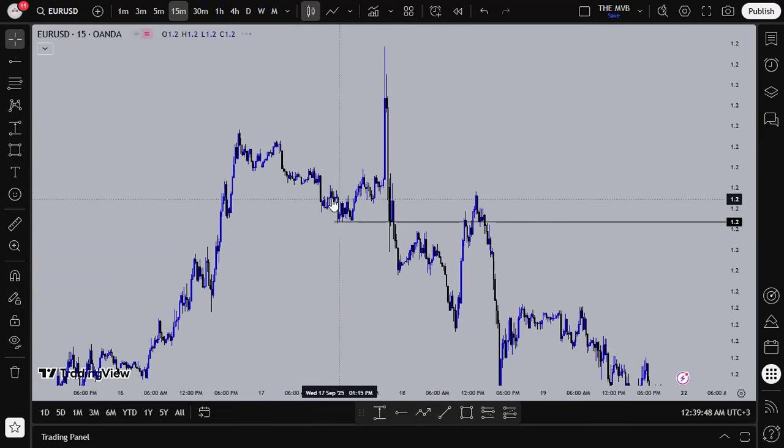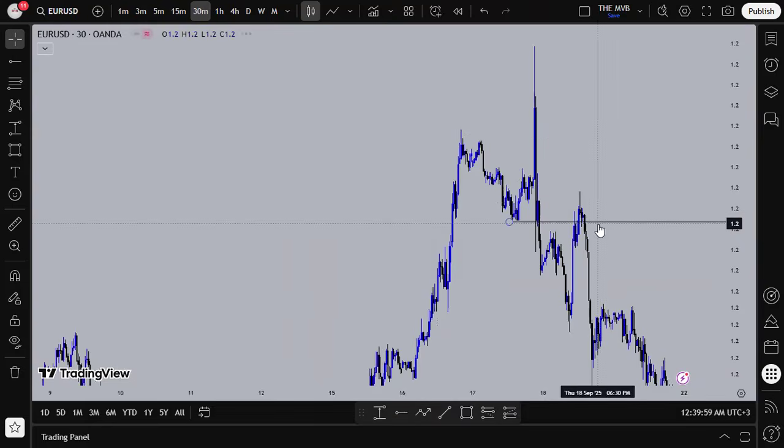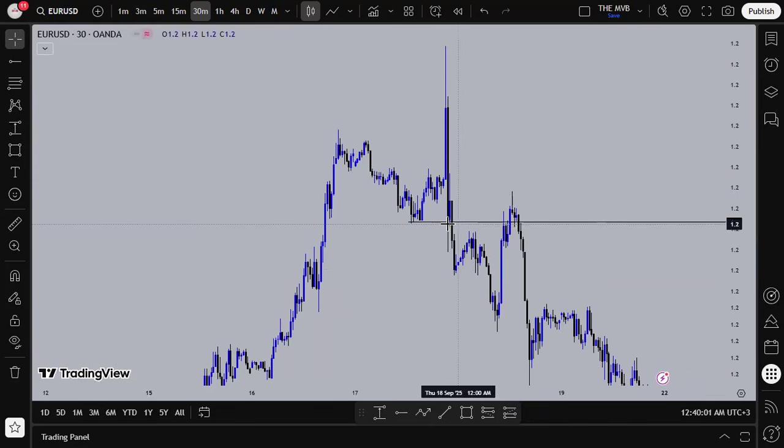This was a structural break, and as we talked about in the previous episode, if you verify this structure using the FTA time frame, which is 30 minutes, you can see it is a clear break.